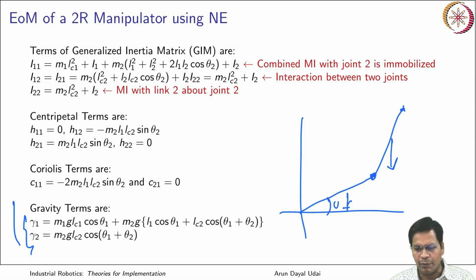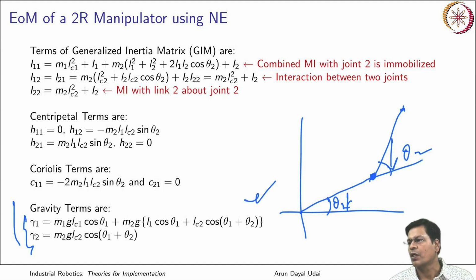It is static at any particular location given by joint angles theta 1 and theta 2. At any particular instant, this should be the torque that acts at joint 1 and joint 2 respectively. So that is the gravity term. This is all we can obtain even using the Newton-Euler formulation.